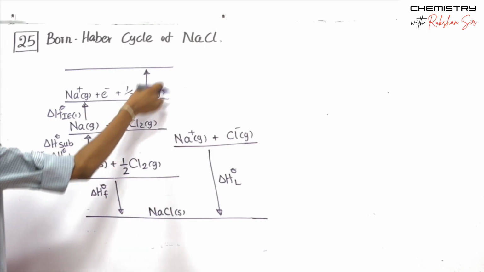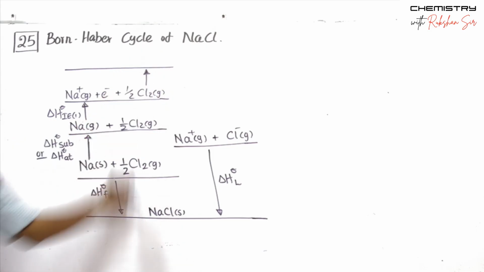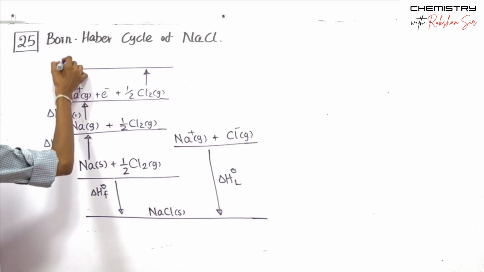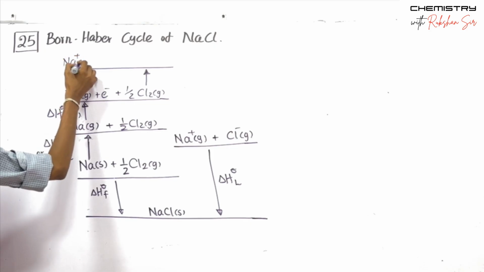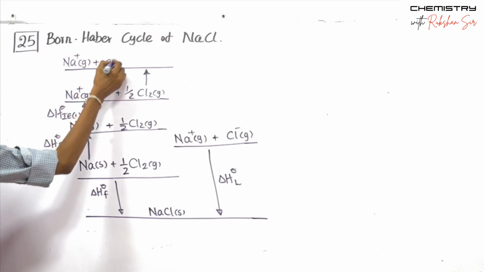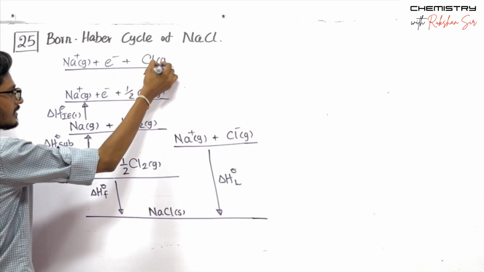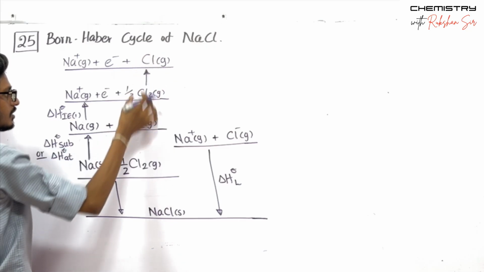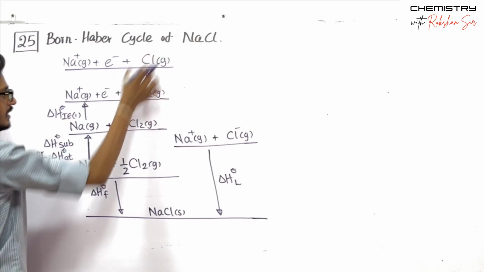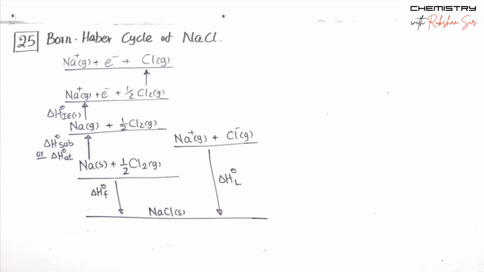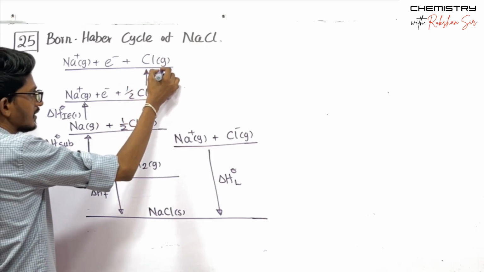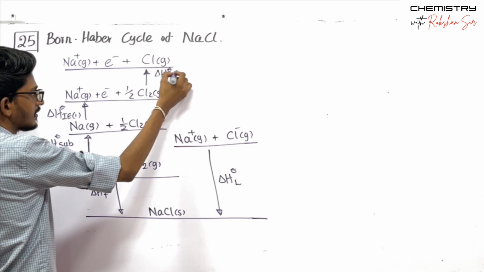The reference form converted into the monoatomic gaseous form. These appear as they are, and this conversion of half of Cl2 gas to Cl gas can be done by applying the atomization once.